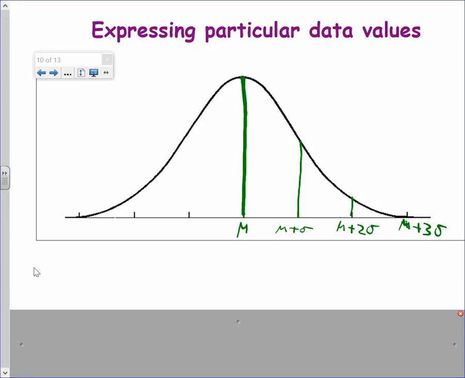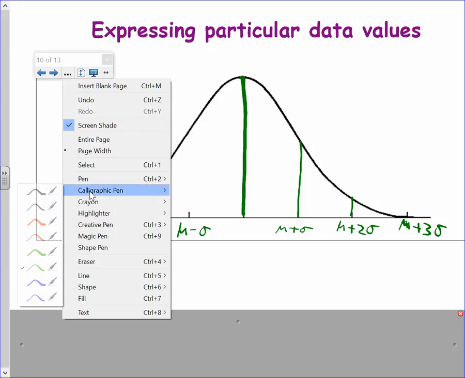Here would be 1 standard deviation below, mu minus 1 standard deviation, mu minus 2 standard deviations, and mu minus 3 standard deviations. I'll fix my mu here. Mu.